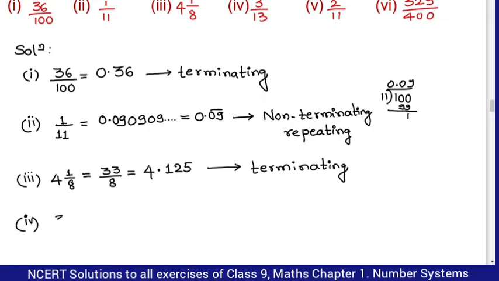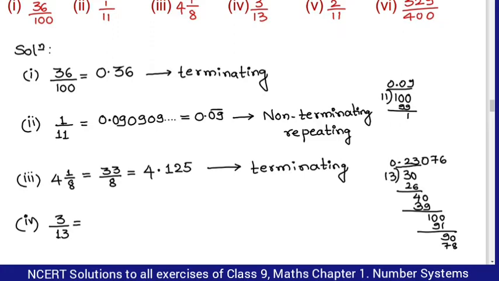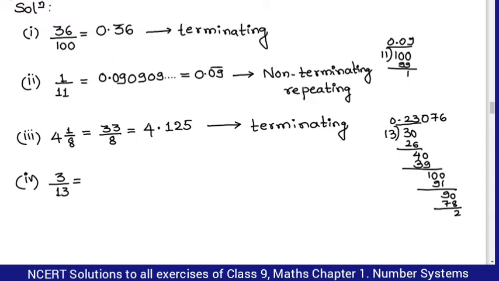Fourth one, 3 by 13. Do the rough work, 13 with 3, take point, then it becomes 30, 13 2s are 26, remainder is 4, now it is 40, 13 3s are 39, remainder is 1, next 13 7s are 91, remainder is 9, next 13 6s are 78, remainder is 12, 13 9s are 117, now remainder is again 3.